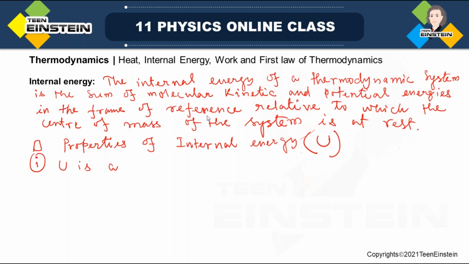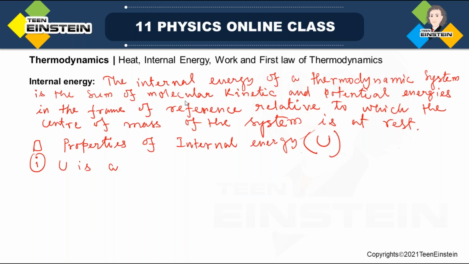So dear students, if you have not heard this for the last 2 minutes, just hear now. The internal energy is the sum of, as I was discussing, that a thermodynamic system can have a large number of molecules. They can have molecular forces between them. So if there are internal forces, there will be potential energy involved.